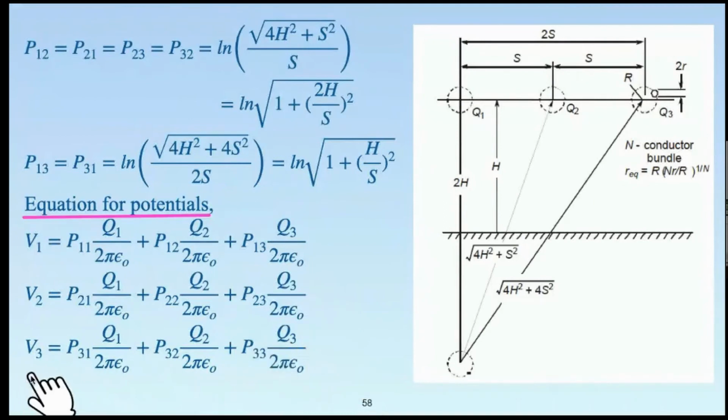And by similar logic, we can write V3 as P31, then the coefficient for conductor 1, then 32, and then 33. So all these coefficients are actually Maxwell's potential coefficients. They depend upon the dimensions, and we have derived it for the single phase with effect of ground, and that logic we have applied to any number of conductors, and we are using it for three conductors in this case in the form of the Mangold formula.